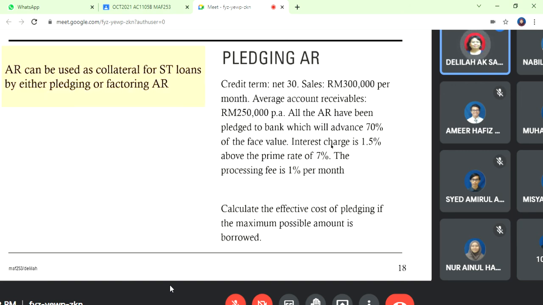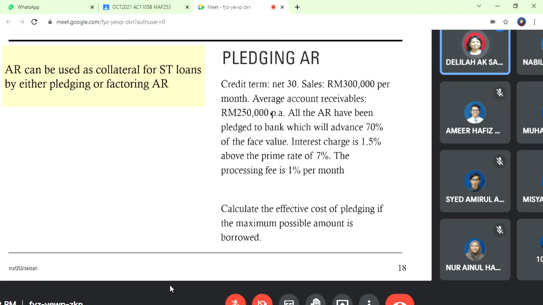Now when you pledge, like here, you have credit sales of 300,000 ringgit per month. We are assuming in this example that all the sales is 100% on credit. The credit term is net 30. That means all our account receivable must pay off the balance or the account by 30 days.